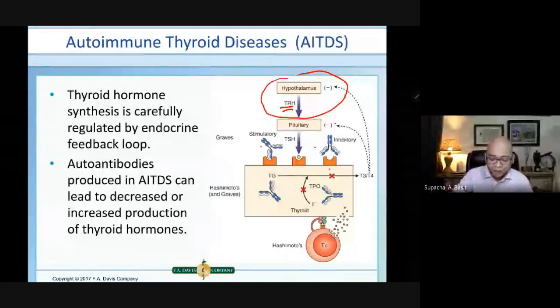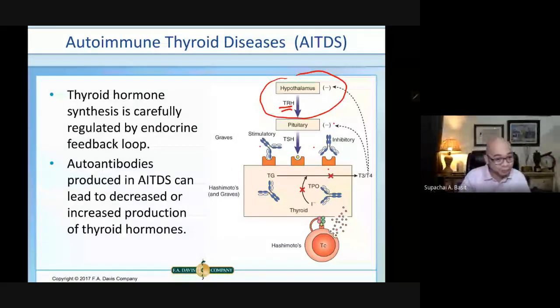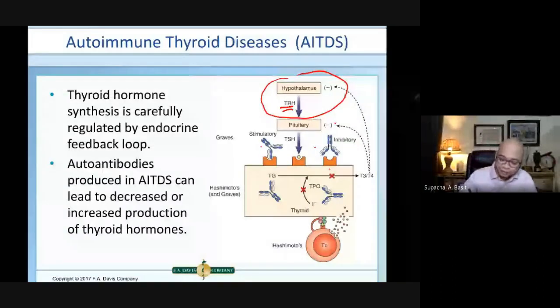What's the importance of TRH? TRH stimulates the pituitary gland to induce the release of TSH. Okay, so what is TSH? TSH stands for thyroid stimulating hormone. Okay, so what's the function of the TSH?